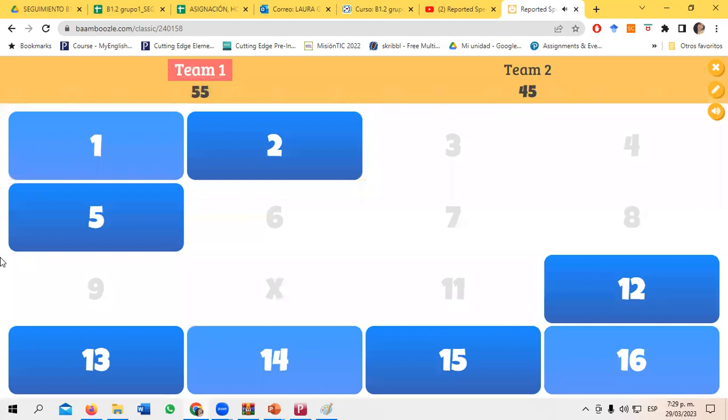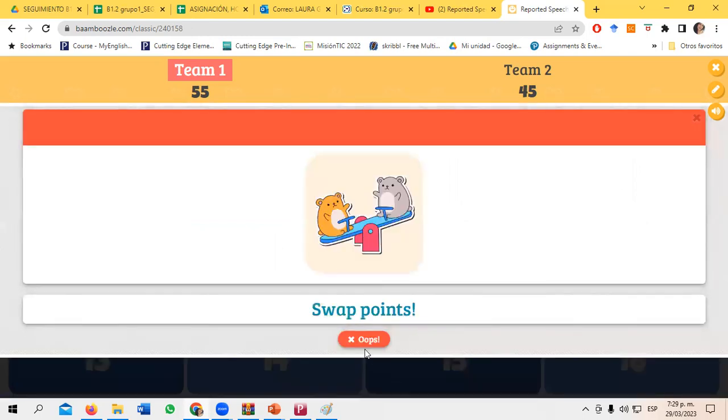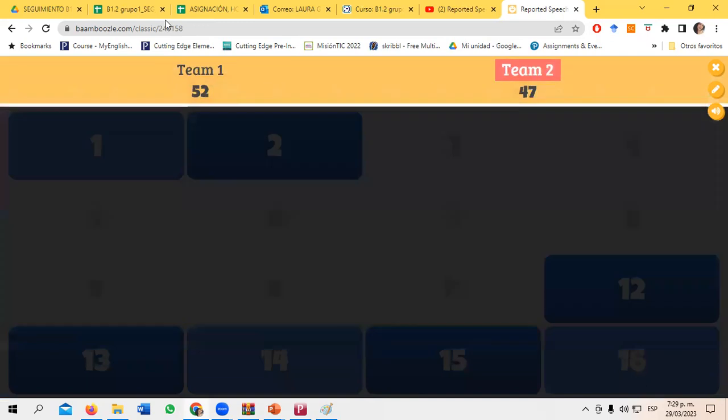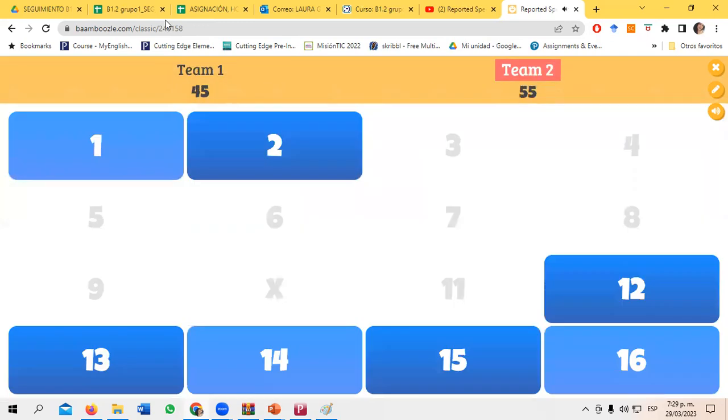All right. Number 1, let's go with Natalia Camargo. Yes, teacher. 5. All right. Oh, you have to swap points. Change the points. All right. Group number 2. Julian. 12.